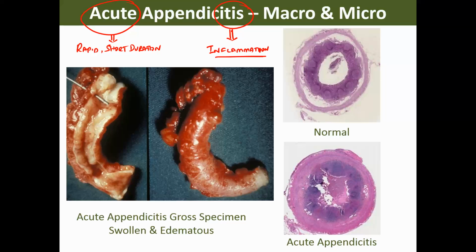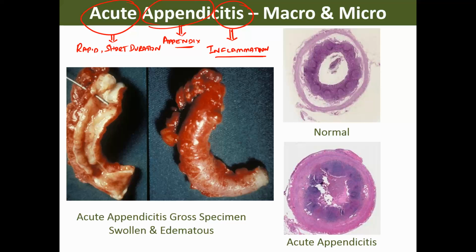So this is acute inflammation of an organ called appendix. Okay, so appendix is an intestinal organ, which is at the junction of the ileocecal.